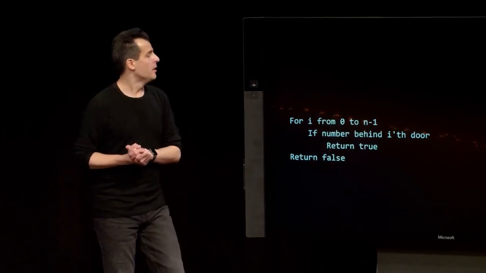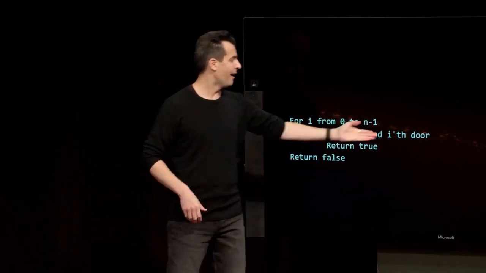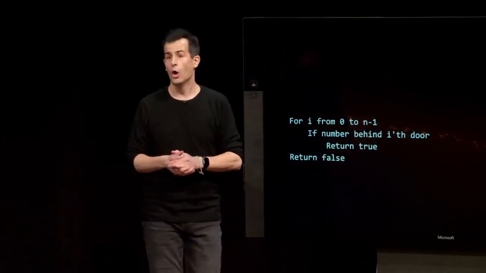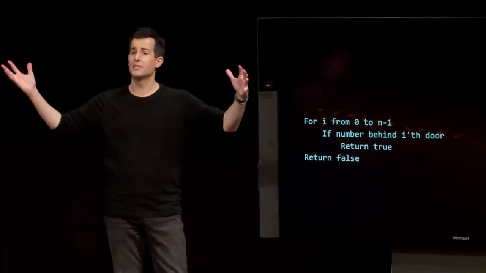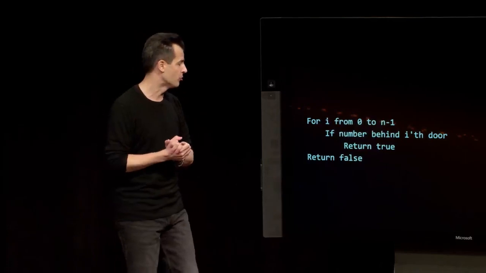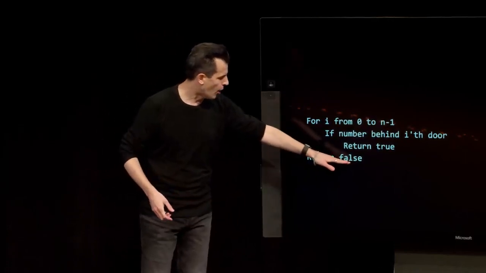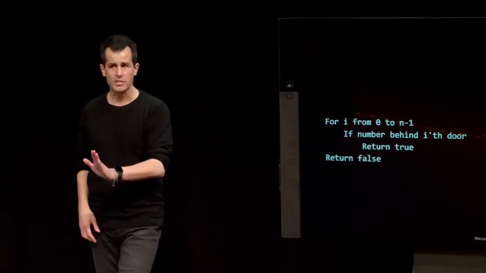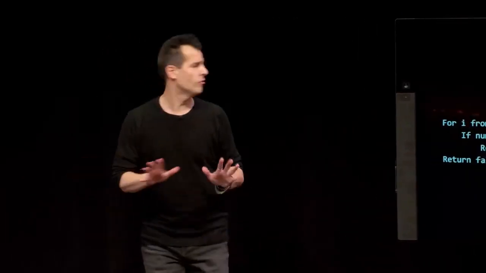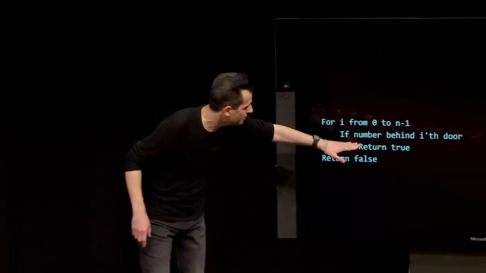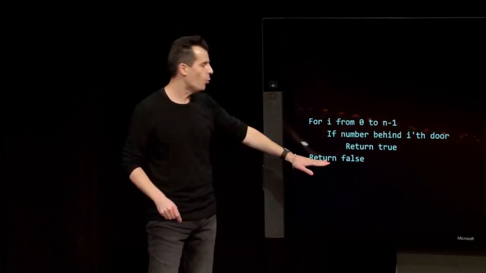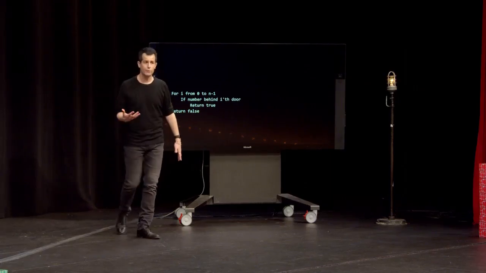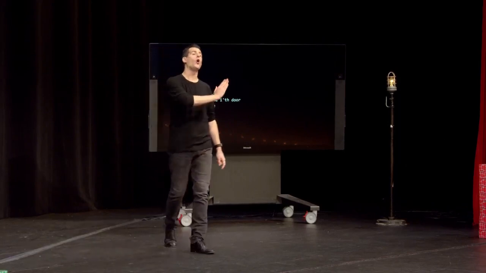If a condition, number is behind the ith door, ith just being a colloquial way of saying what is behind the door at location i, go ahead and return true. I have found the number I want, for instance, the number 0. And notice that this return false is not part of an else, because I don't want to abort this algorithm prematurely simply because a number is not behind the current door. I essentially want to wait all the way to the end of the algorithm after I've checked all n doors.